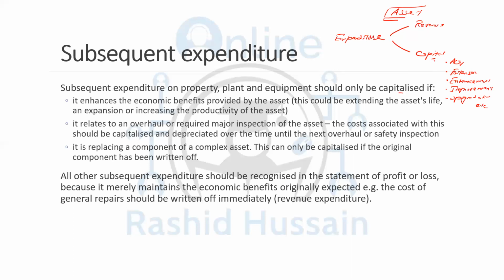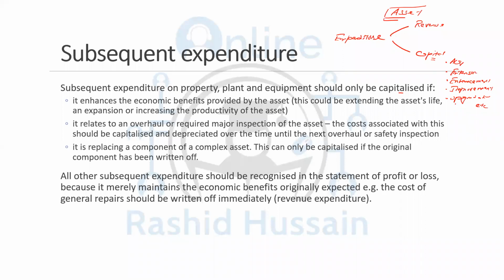So any expenditure on the non-current asset which is related to its acquisition, purchase, extension, you are extending it. For example, you're having one warehouse and now you're extending it to another. You are having two warehouses. Enhancement, improvements, upgradation. For example, your machine was initially producing 1,000 units, and now you have done the expenditure on it, which resulted in more units being produced.